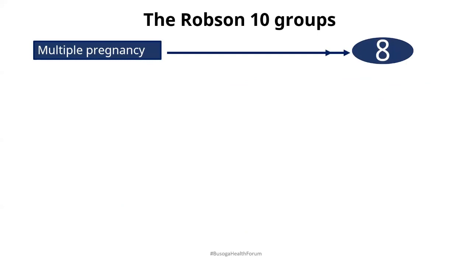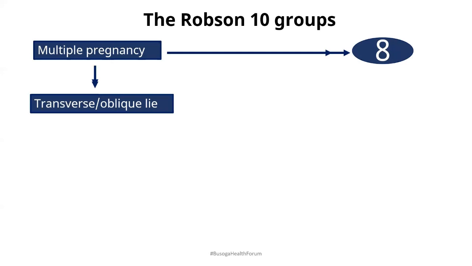All of them, irrespective of the gestation age, irrespective of the fetal lie, and all other parameters. If not multiple pregnancy, then it's a single pregnancy or singleton. So the other question is, is the baby in oblique or transverse lie? If yes, that's group 9, all of them.